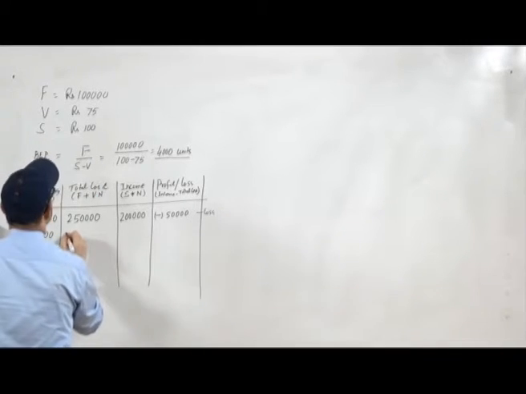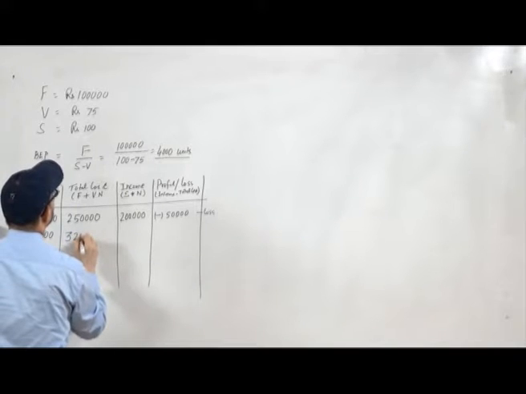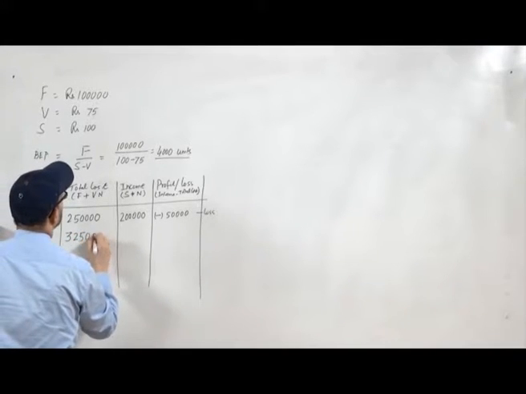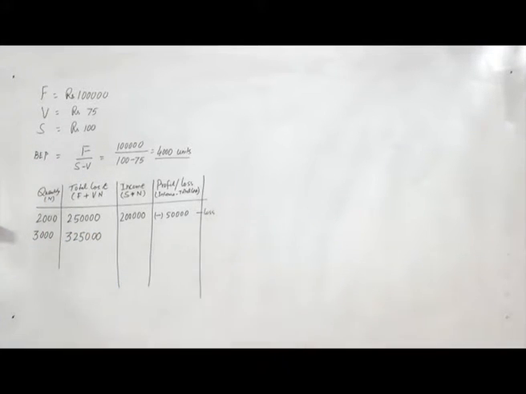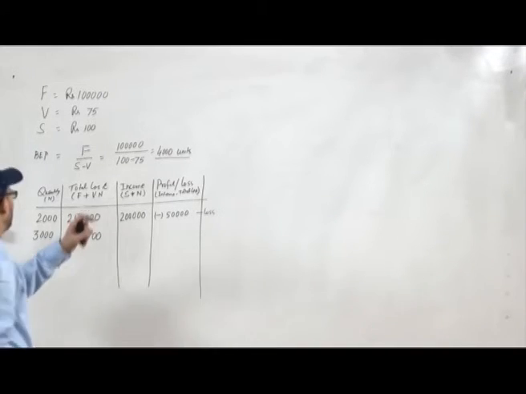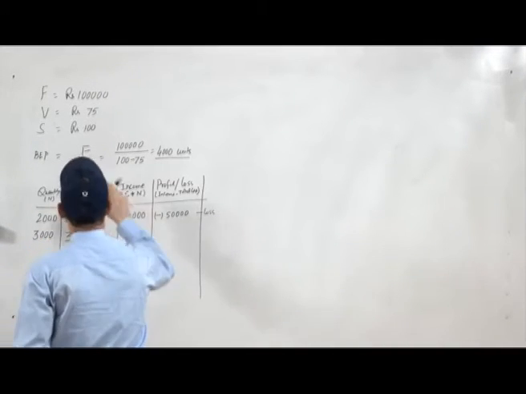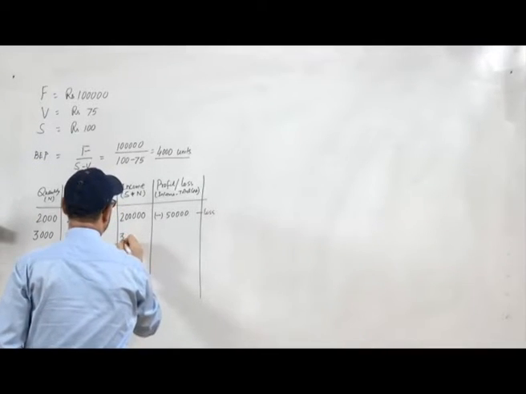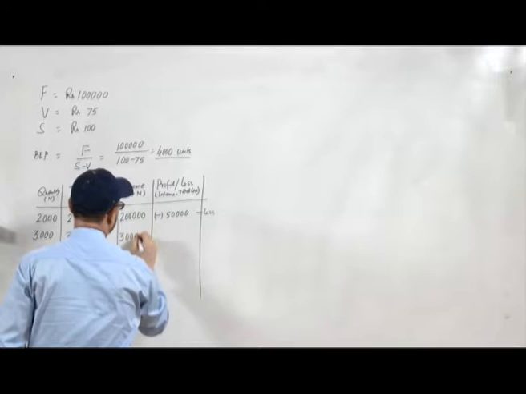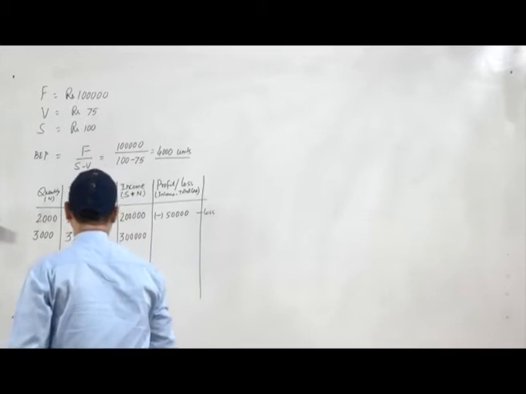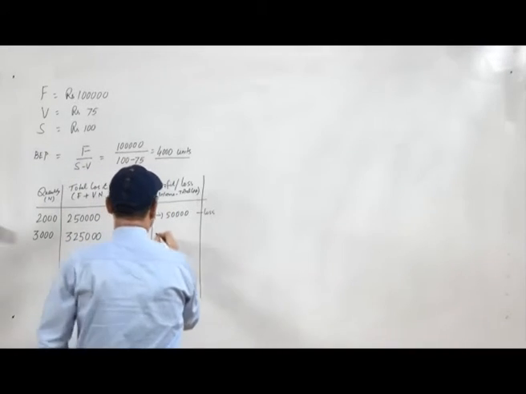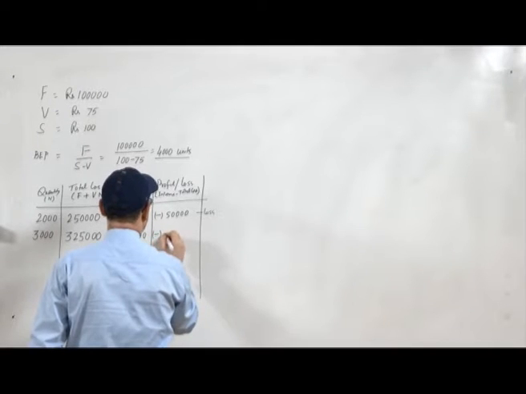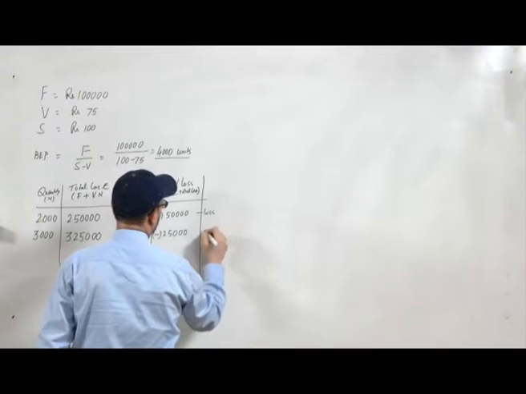So, it will be 3,25,000. The income will be S into N, 100 multiplied by 3000, that is 3 lakh. So, it will be again negative 25,000. So, there is a loss of 25,000.